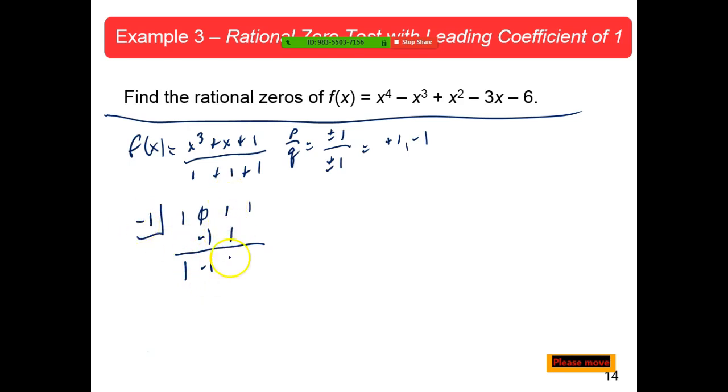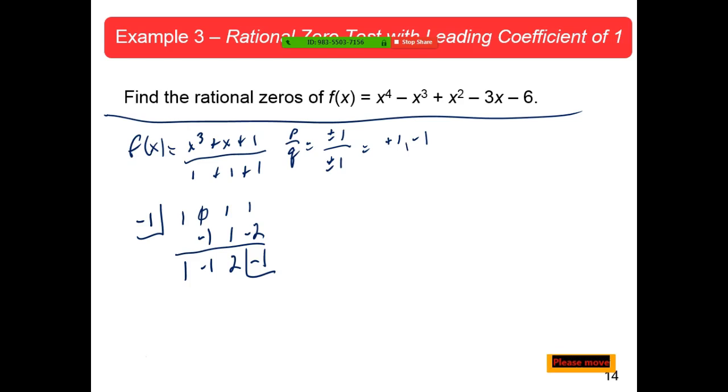Positive 1. 2. Negative 2. Negative 1. There are no rational zeros for this polynomial function. Positive 1 didn't work. Negative 1 didn't work.